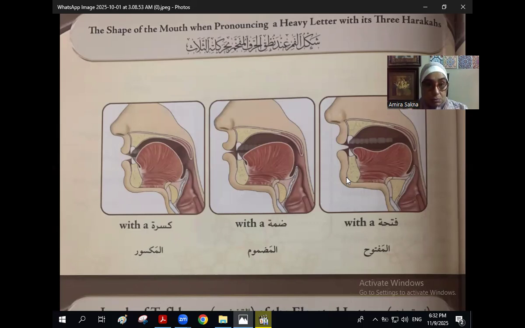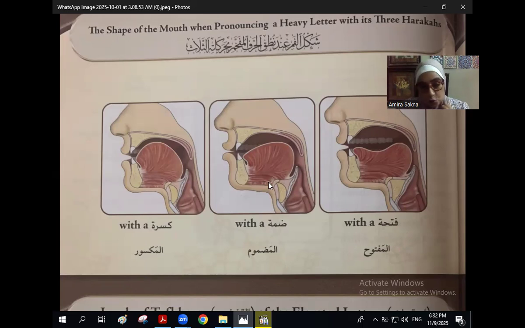Will the echo be the same if I pronounce a heavy letter with fatha, with dhamma, with kasra, with sukoon? Will the echo be the same? Of course not. Why not? Because simply, now again we are talking scientifically, from a physical point of view.